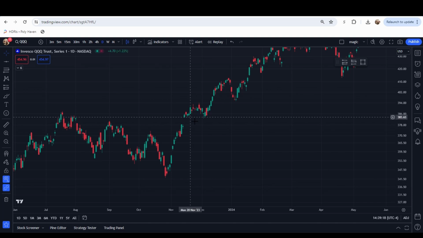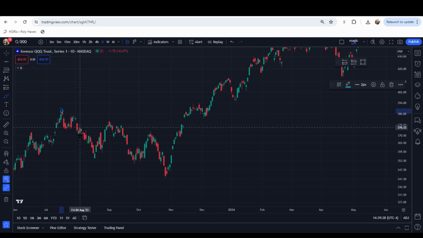So let's first identify a downtrend. When we have a downtrend, we have a pivot high. This is our pivot high, meaning that this is the most recent high. And we have price coming down to make a new low. And then we have price coming up to make a new high. But this can only be a lower high if we make a lower low.